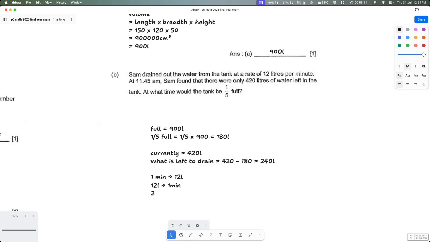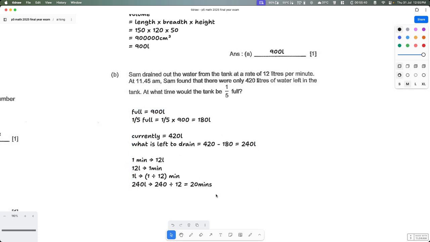So 1 liter is equal to 1 divided by 12 minutes, like this. We're just going to put brackets over here. And then 240 liters is equal to 240 divided by 12, and this will give you 20 minutes, right?